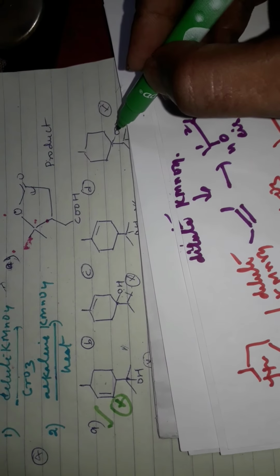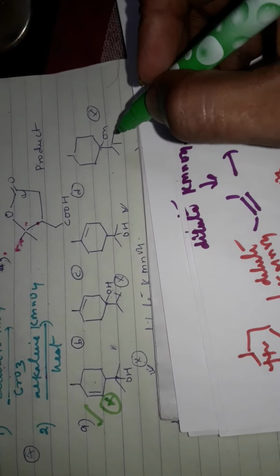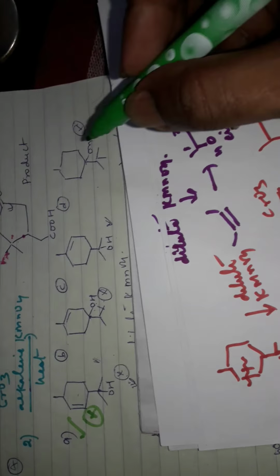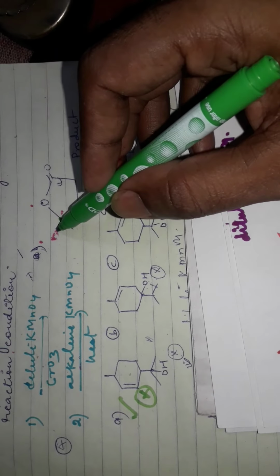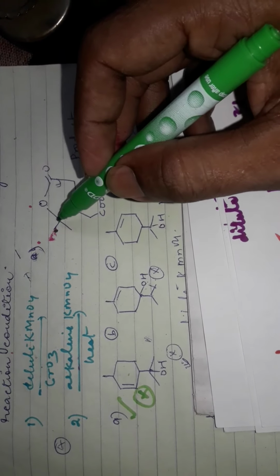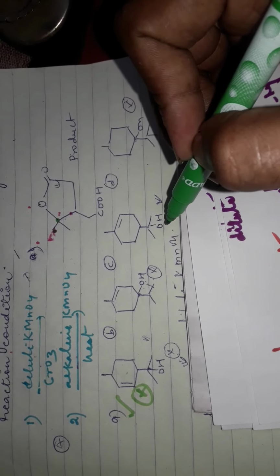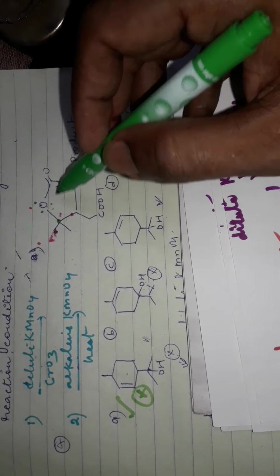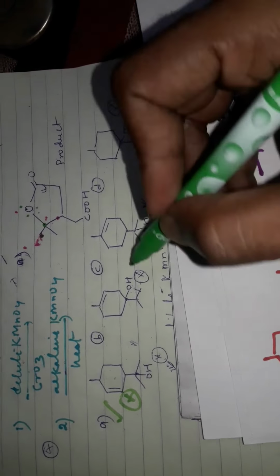And if you see B and D, OH is given here. This moiety containing oxygen has a lone pair, and the oxygen lone pair will attack the C=O group, so it cannot be possible here and here.